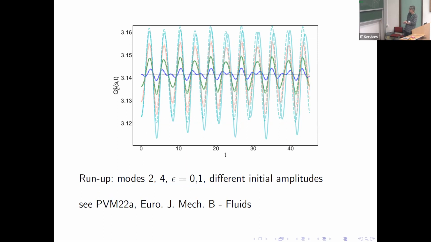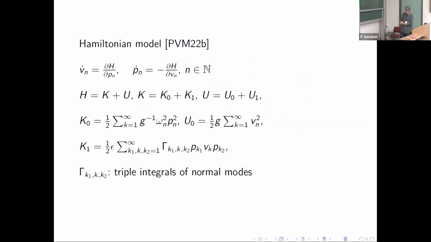If one wants to look at details, here is a problem with two modes and some more complicated modulation, and perhaps some locking, because this is two modes. We seem to have two frequencies now, and the Hamiltonian model for the time being gives an equation like that. It's again a Hamiltonian in spectral variables, with Hamilton's equations of this form.